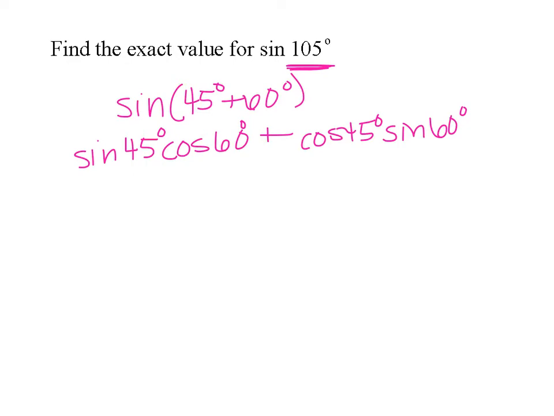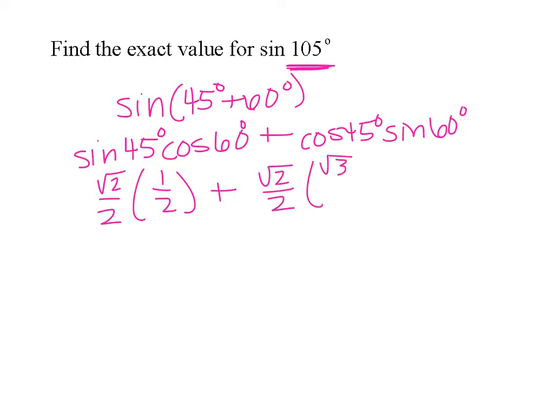Then we look at our unit circle. Sine of 45 degrees is root 2 over 2. Cosine of 60 degrees is 1/2. Plus cosine of 45, which is root 2 over 2, times sine of 60, which is root 3 over 2.